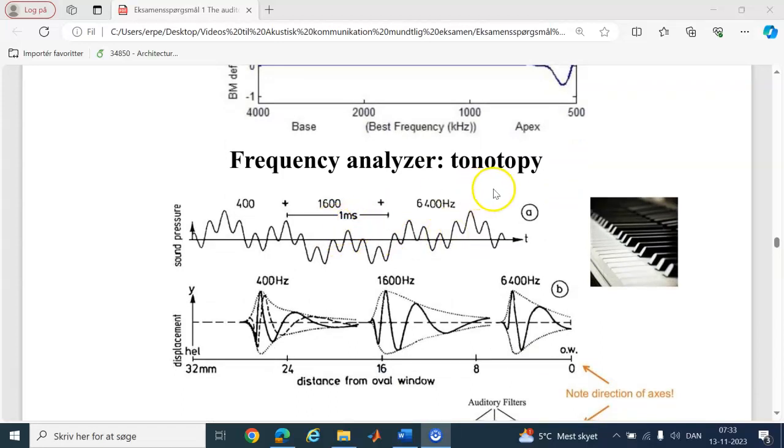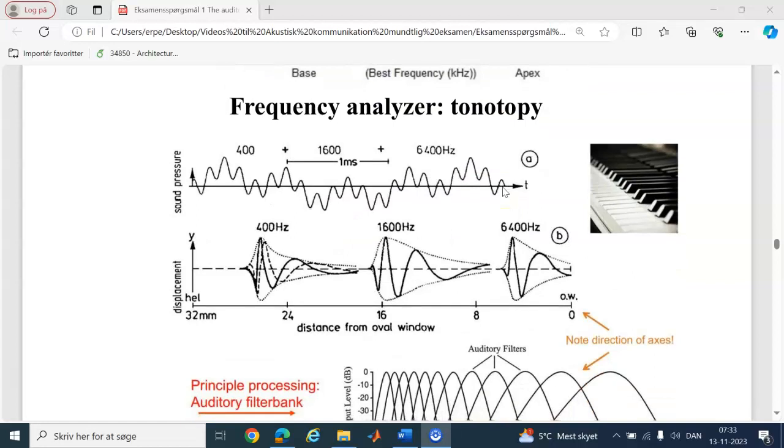And also tonotopy: if you have a mixed sound with more than one frequency, then the high frequencies and the low frequencies impact the basilar membrane at different places.